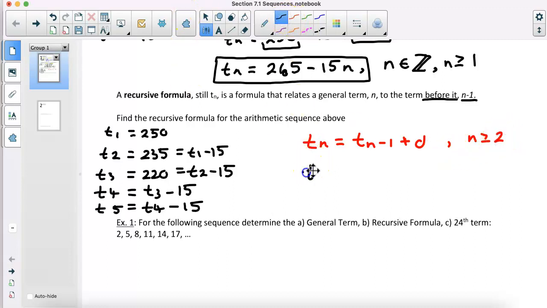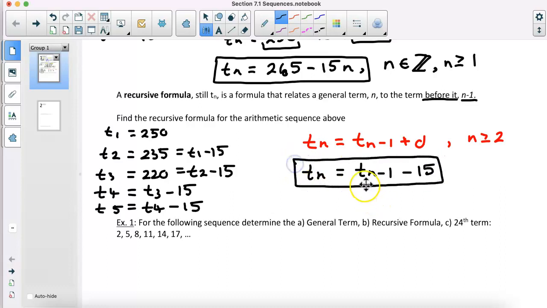So what we can say simply for our example is that t_n is equal to t_(n-1), and since d is minus 15, we're going to put our difference just like that. So as long as we know that term before it, we can find out what t_n is.